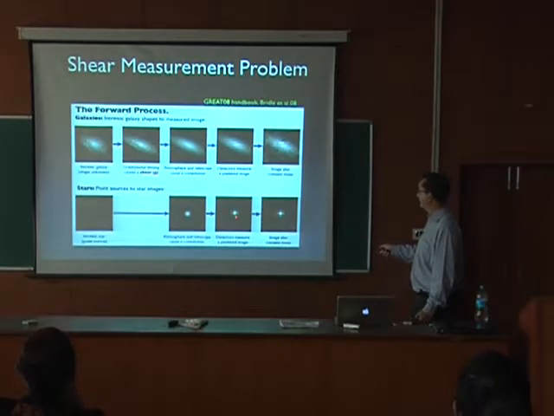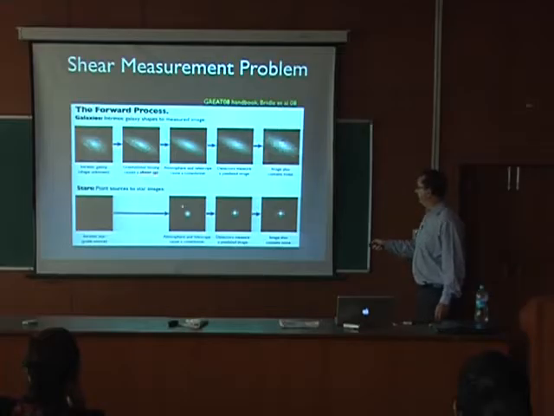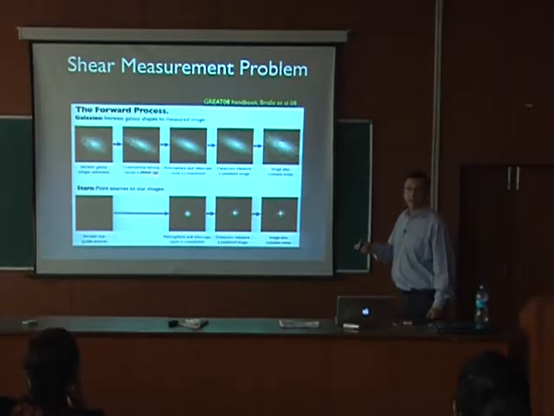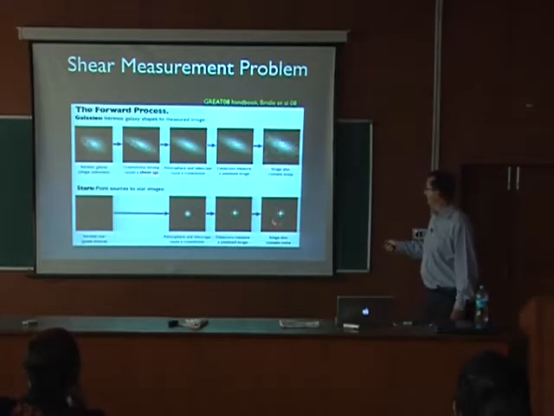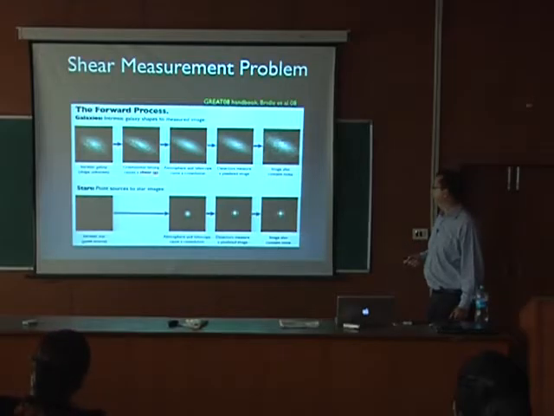Then it also gets pixelated, and it also gets noisy as well. All right. So what we have here is measurements of the shape of stars that gives us a measurement of the point spread function. In practice, it's noisy and pixelated, so it doesn't have the full information. But nevertheless, we can use it to get a model of the star.